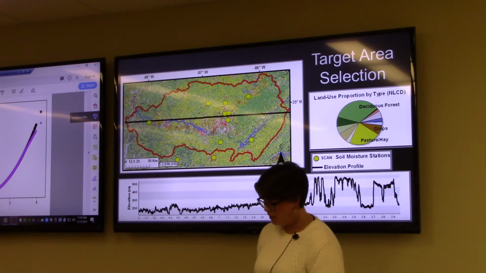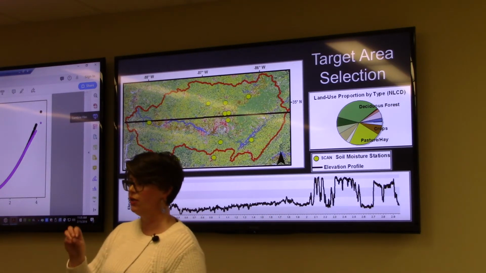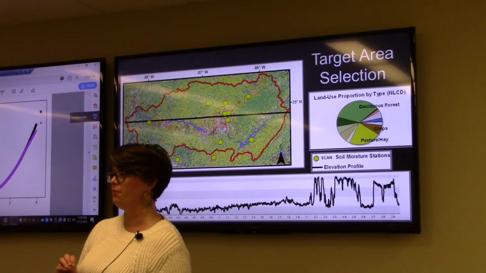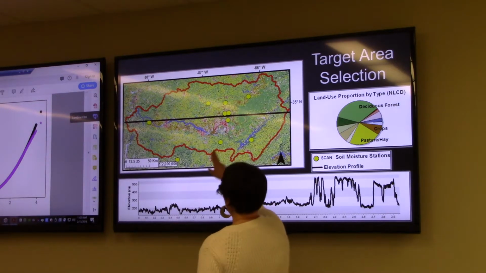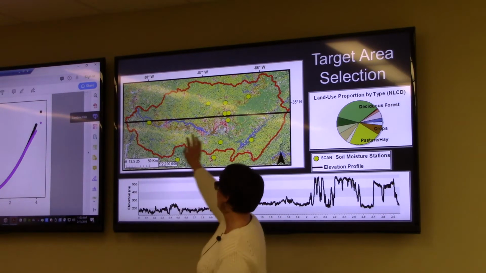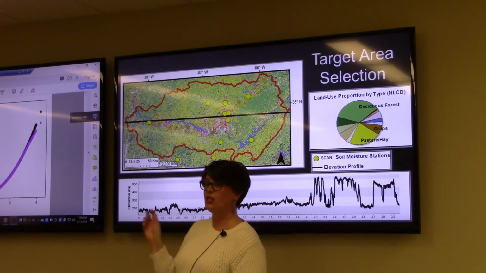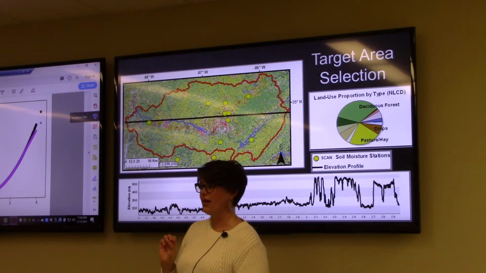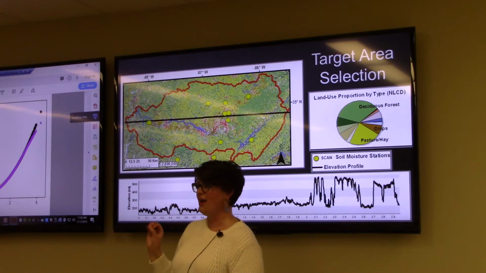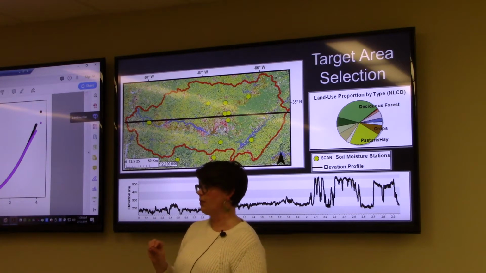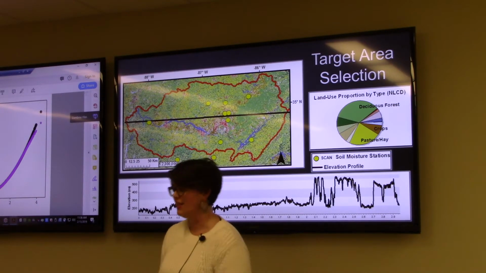And these yellow circles represent observational or in situ soil moisture measurements. That's another reason that I chose this watershed, because as you can see, it tends to have a cluster of observational stations, which is not particularly typical, right? So to have a density of a monitoring network to be able to ground truth our experiments was really valuable to have in this sense.